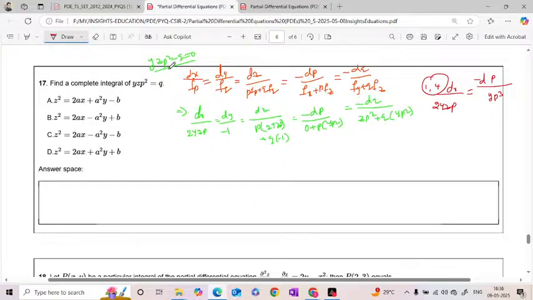That means fz is y p square but into p. So here the y cancels and p cancels. Here we will get 2z is equal to minus dp by p square only.